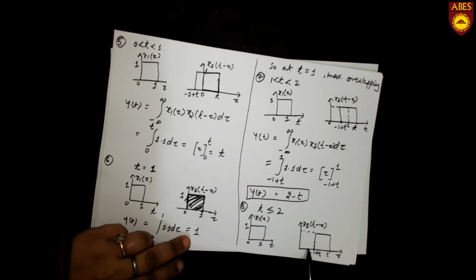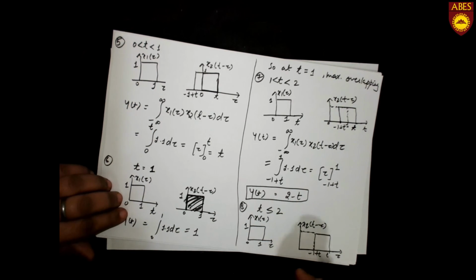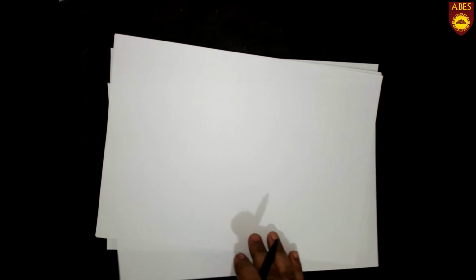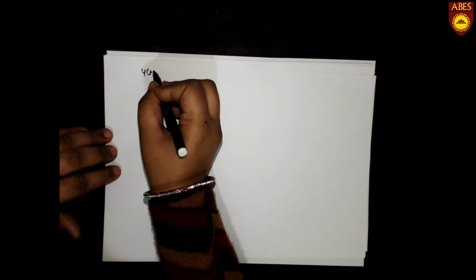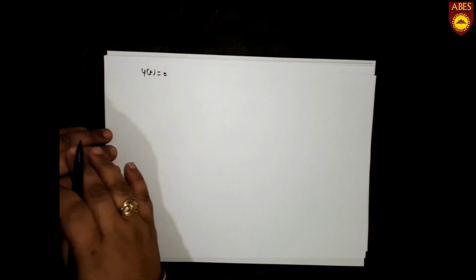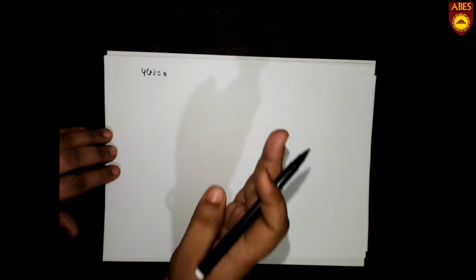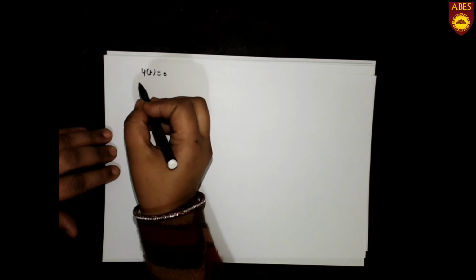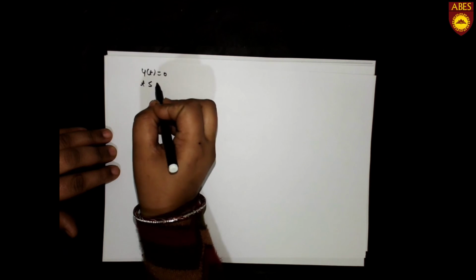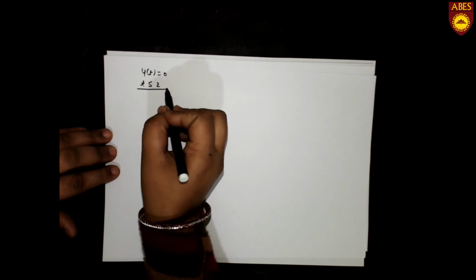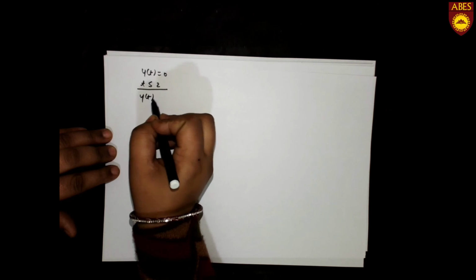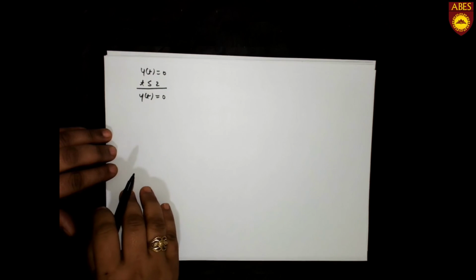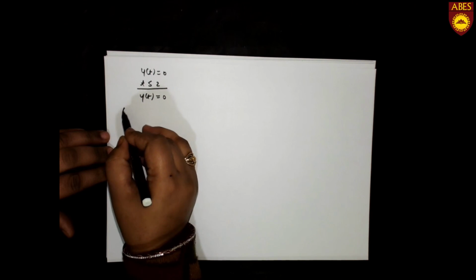At t greater than or equal to 2, the first signal from 0 to 1 is unchanged, x1(tau), and the second signal is the shifted signal, x2(t minus tau). When we see the overlapping area, there is no overlap. Hence y(t) would be equal to 0. So if we keep moving the signal for t beyond this, the resultant signal y(t) is equal to 0.